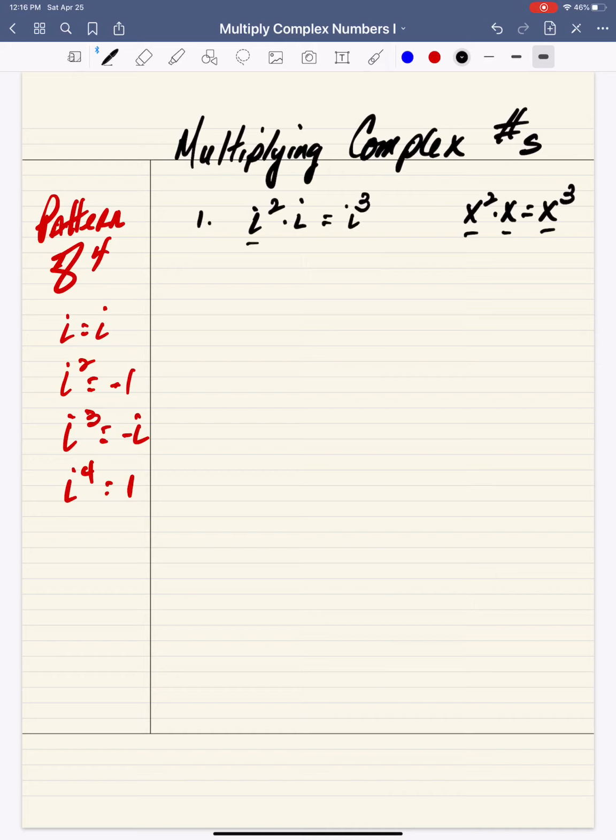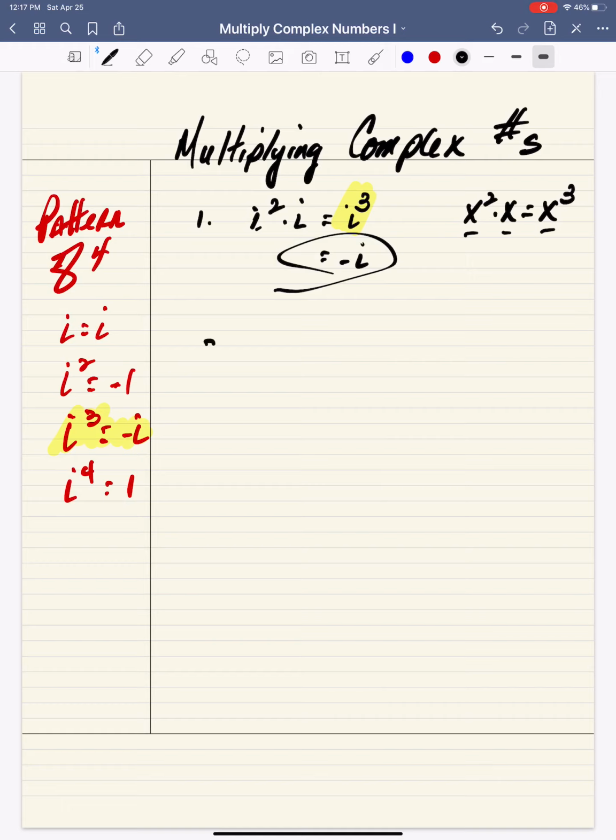You keep the bases, add the exponents. The only caveat here is that when you see that you have i to the third, you have to look over at your pattern of 4 and say, what is i to the third? And i to the third is really -i. And so that's your answer.